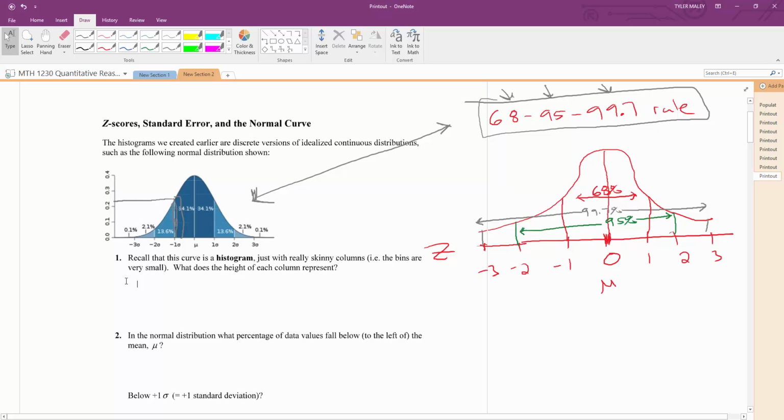So we could say the height of each column gives the frequency, which are the counts, or relative frequency, which would be percentages of the data values in each bin.